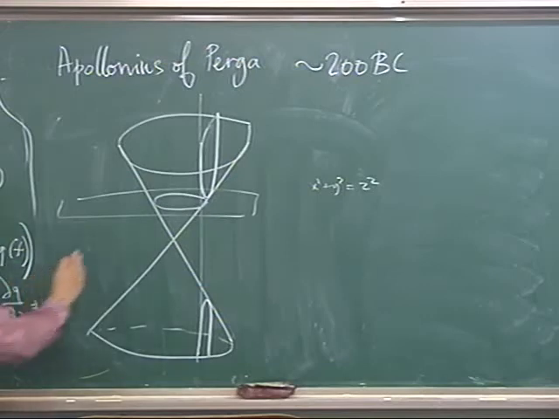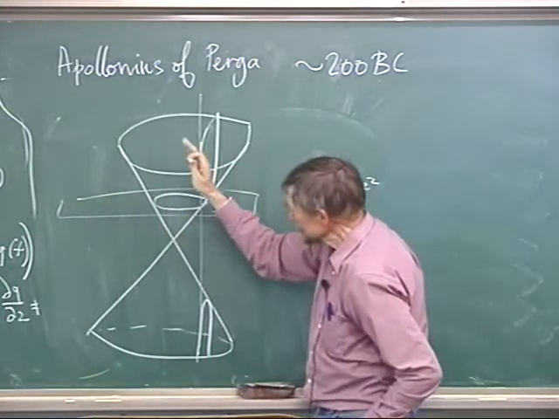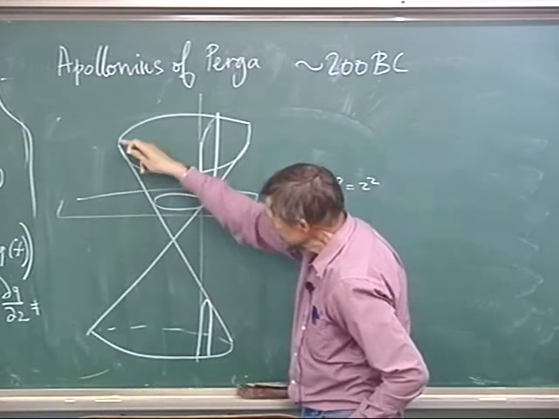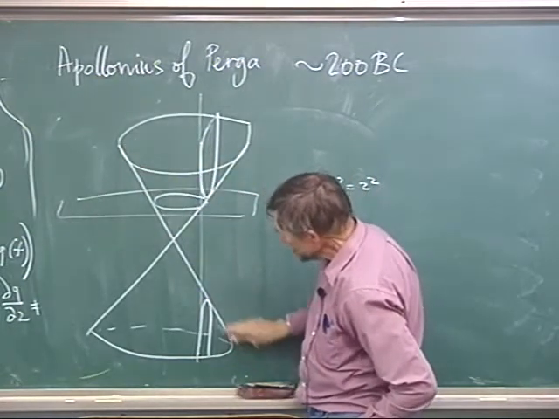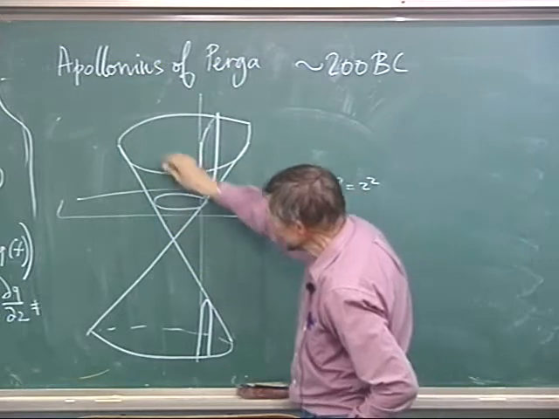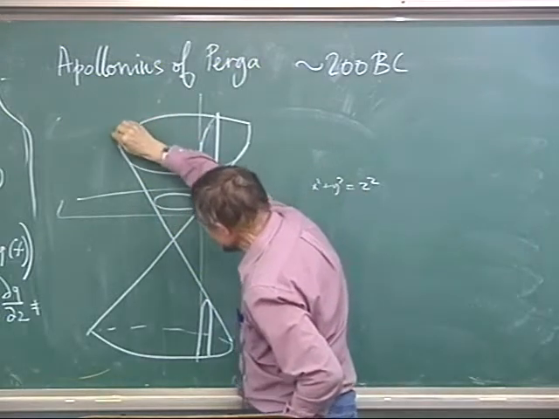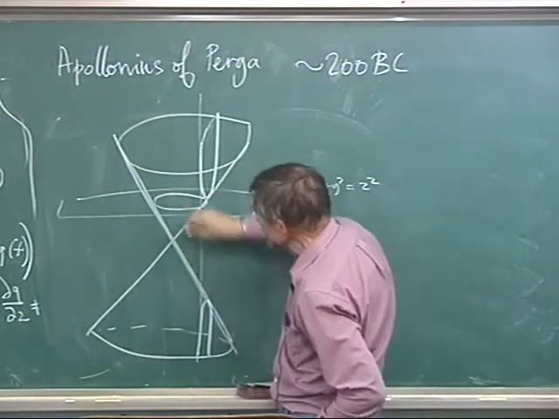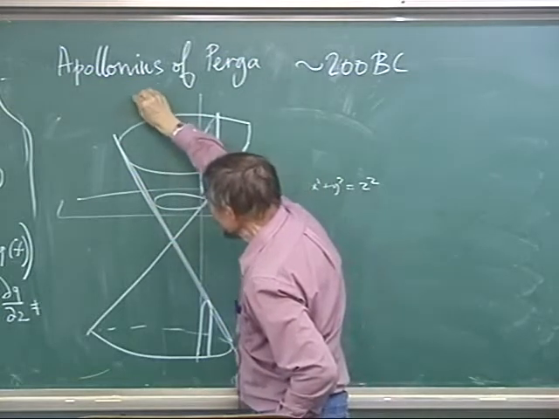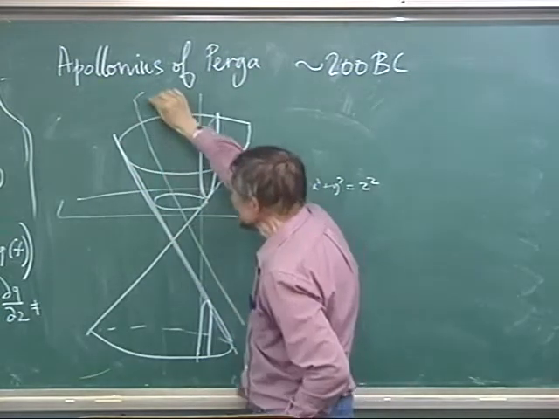If I take a plane which is parallel to one of the generating lines of the cone. So let's fix on this generating line of the cone, and then let's take a plane here which is parallel to it.